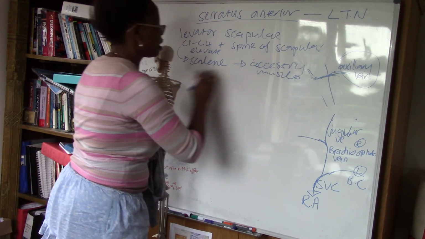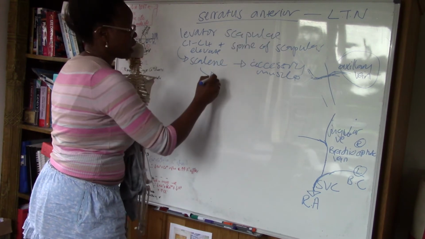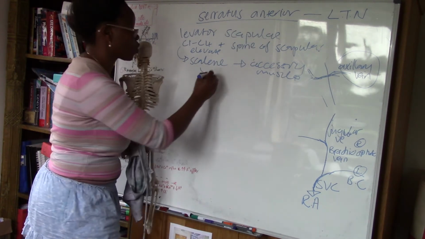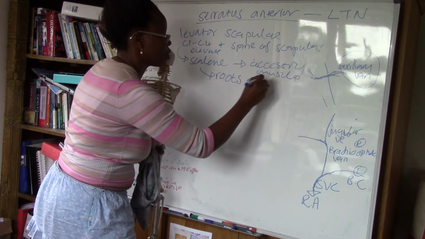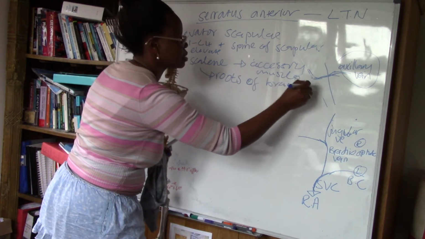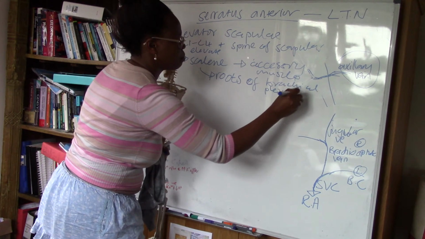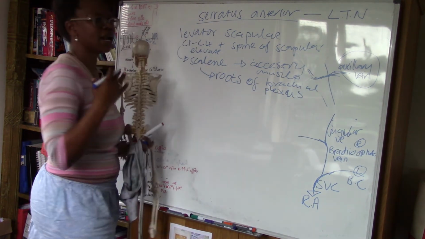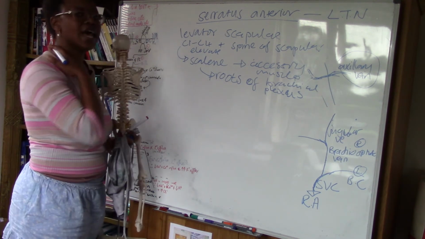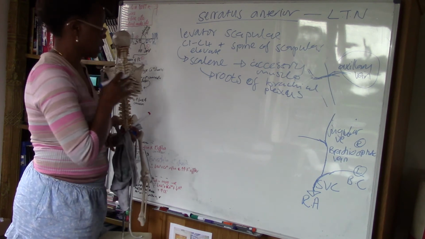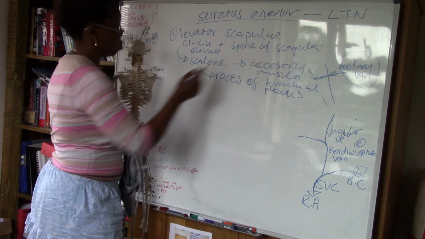And obviously the scalenes are also important in terms of where the roots of the brachial plexus emerge, because as they emerge, they will lie between the anterior scalene and middle scalene. So, but anyway, levator scapulae is one.